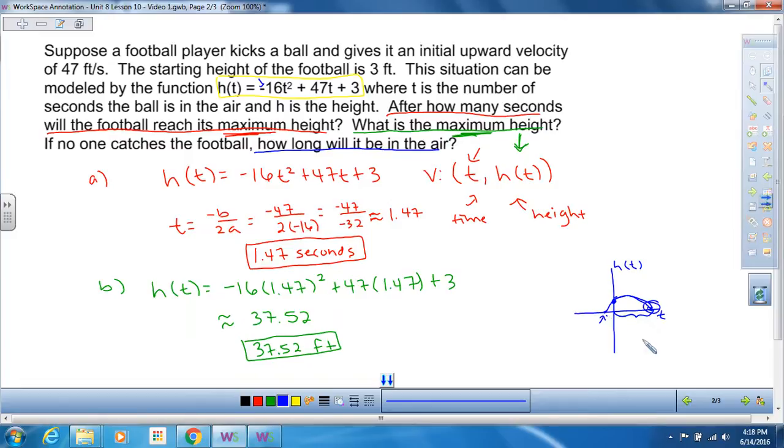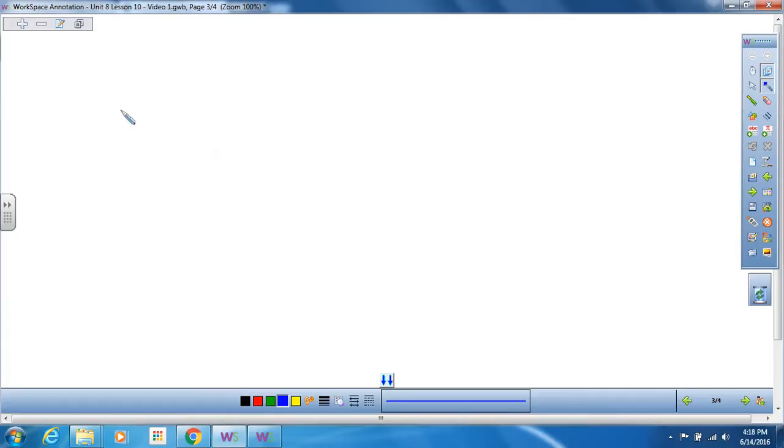Remember, to find x-intercepts, we're looking for solutions, answers for t. So let me write down the equation again. h of t equals negative 16t squared plus 47t plus 3. I'm looking for solutions, I'm looking for x-intercepts.